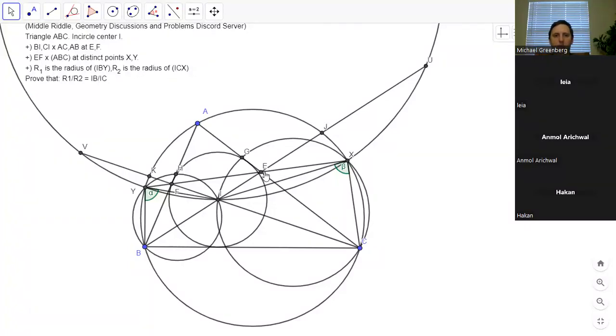Well, you're saying a power of a point through E. So what do you think? How does that work? So EX times EY is EI times EU. And we want to show that's basically 2JI squared. So EI times EU.